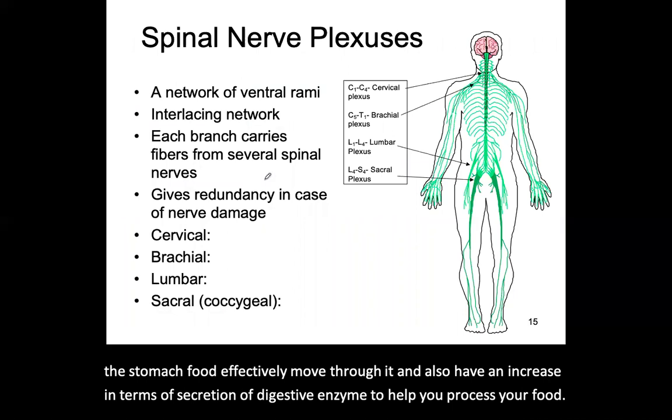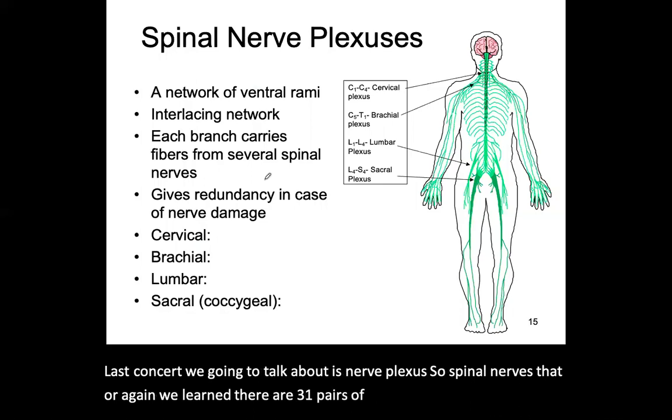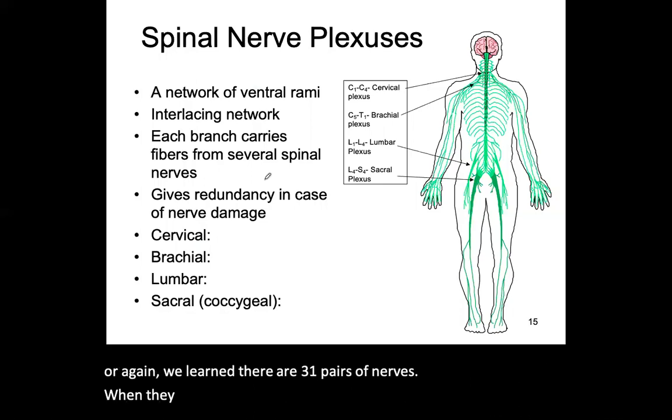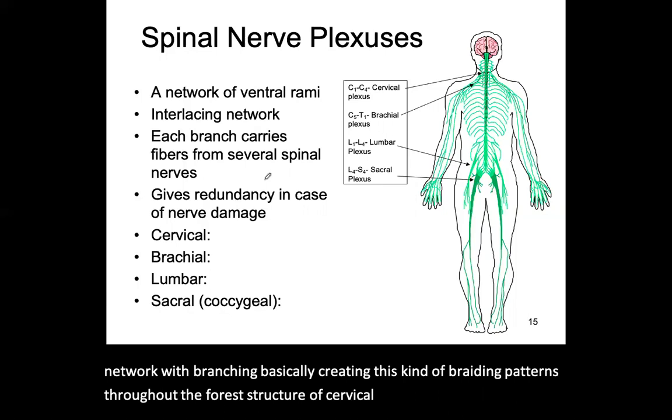Last concept we're going to talk about is nerve plexus. Spinal nerves, again, we learned there are 31 pairs of nerves. When they form your ventral rami, they form this interlacing network with branching, basically creating this kind of braiding pattern throughout the four structures of cervical, brachial, lumbar, and sacral.